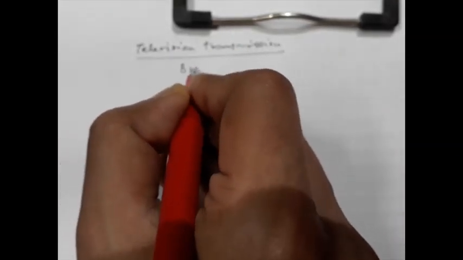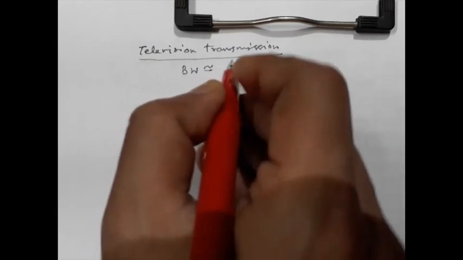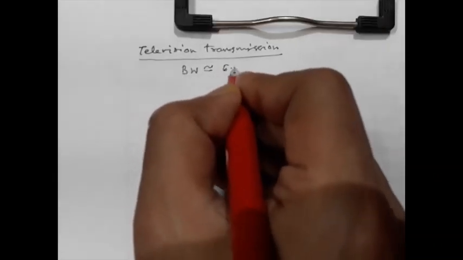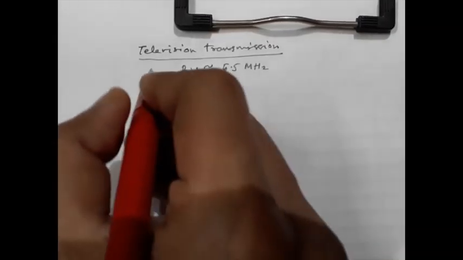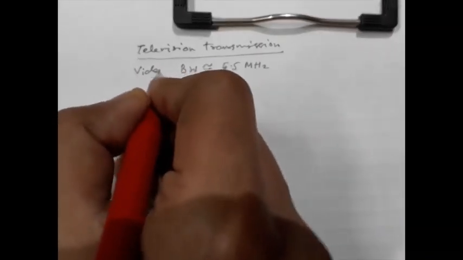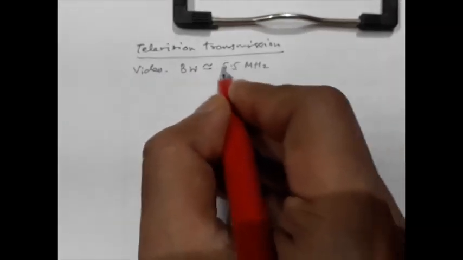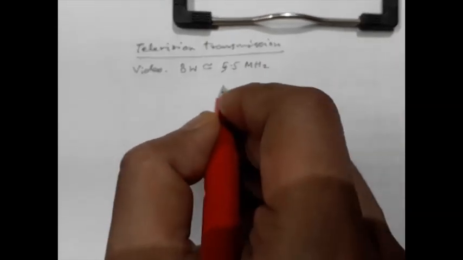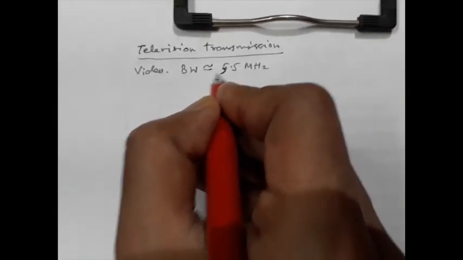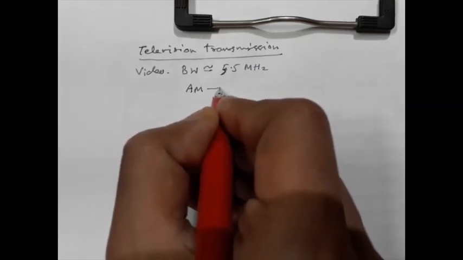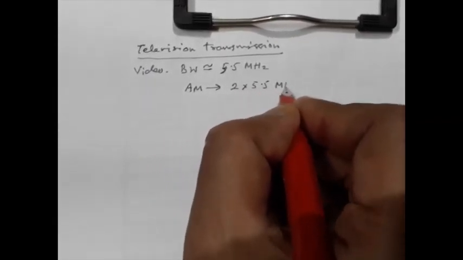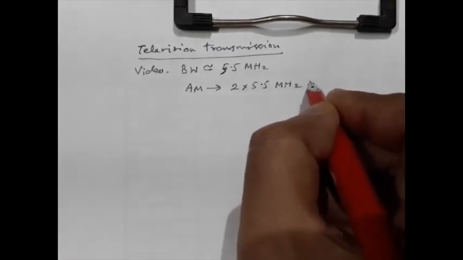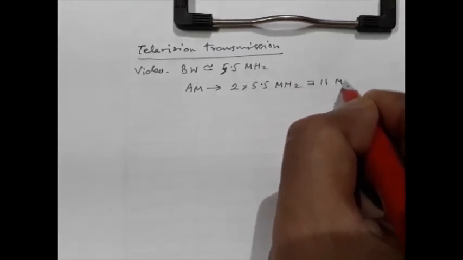For this television transmission, if we consider that the video bandwidth is of the order of say 5.5 megahertz, and if we use AM, it requires a bandwidth of 2 into 5.5 megahertz, that is 11 megahertz.